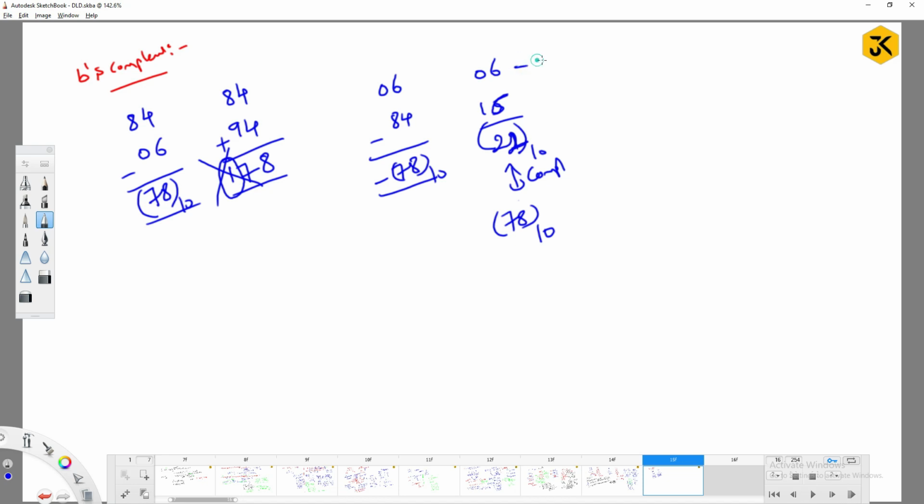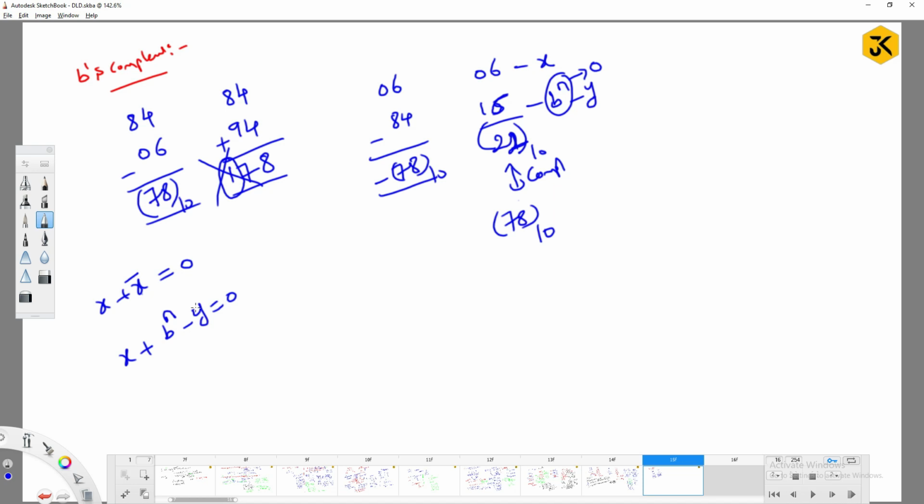But if you observe here, this is x, this is b power n minus 1 minus y. So this is 16, sorry, b's complement, so b power n minus y. So we are making b power n as 0. Why do we make b power n as 0? To make x plus x complement as 0. x is the usual value, and x complement is the b's complement, b power n minus y, right?